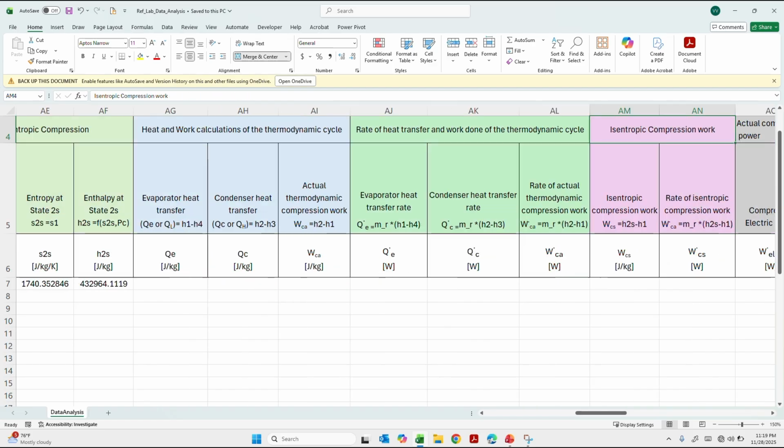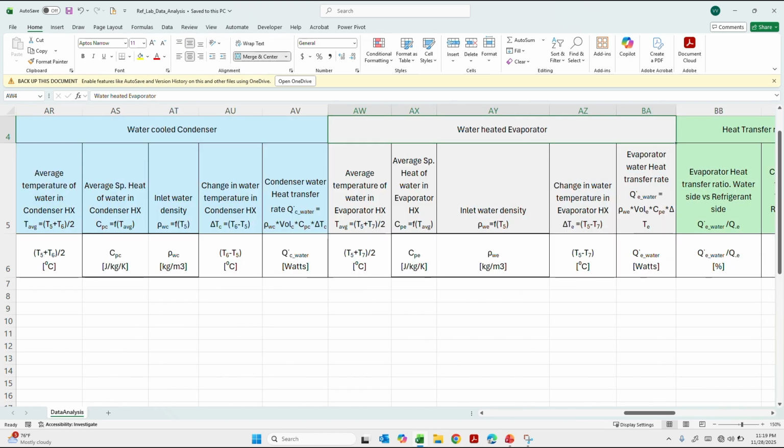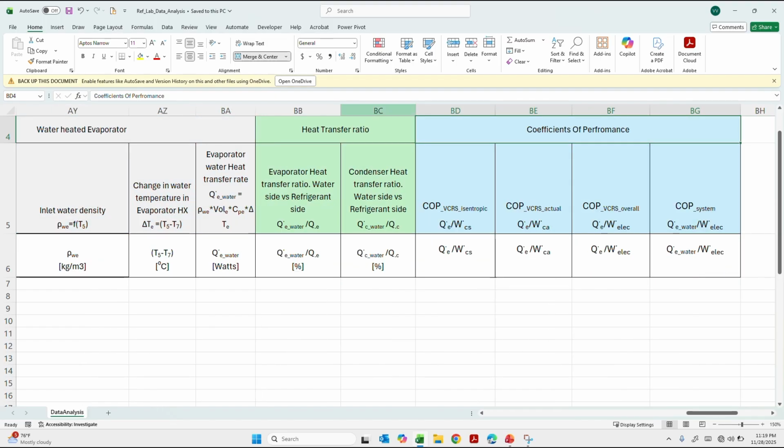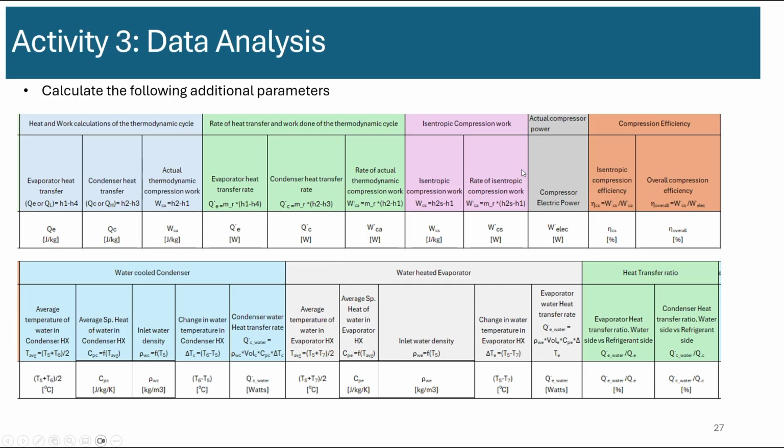Afterwards is the place where you would be doing the calculations, and the formulas are already given here. So you'll be calculating heat and work calculations, rate of heat transfer, isentropic compression, actual power, all of that in here. So that would be part of your activity: calculating the additional parameters.